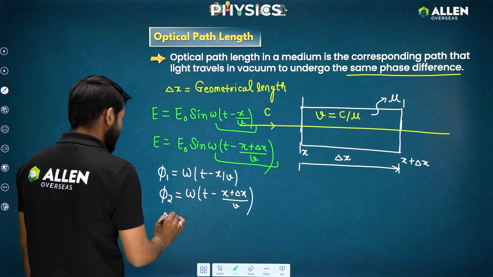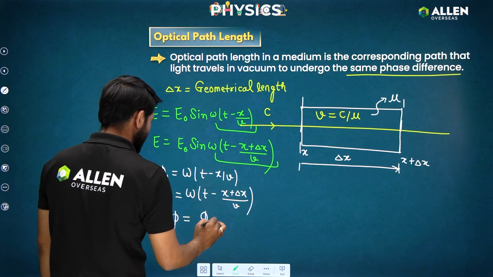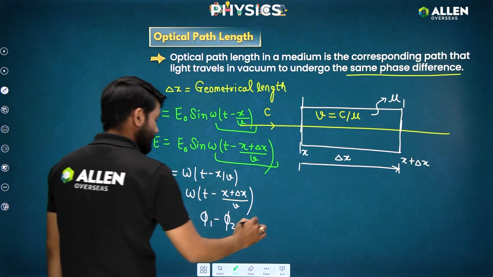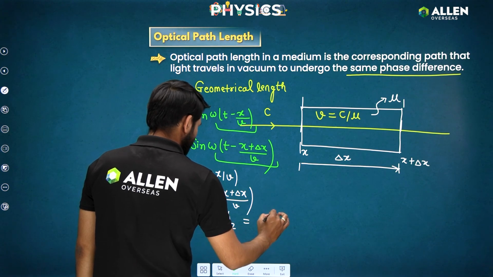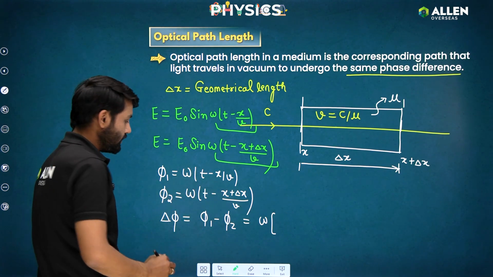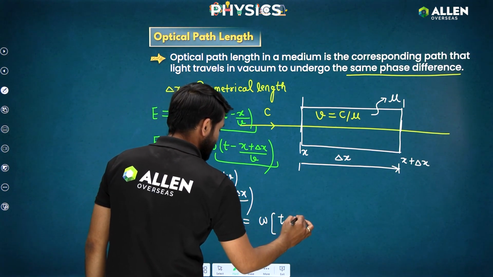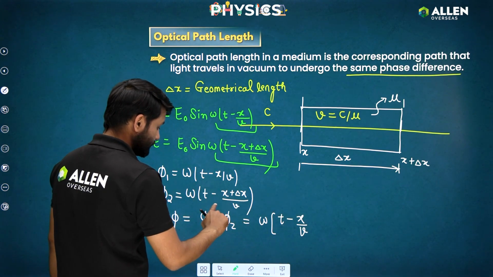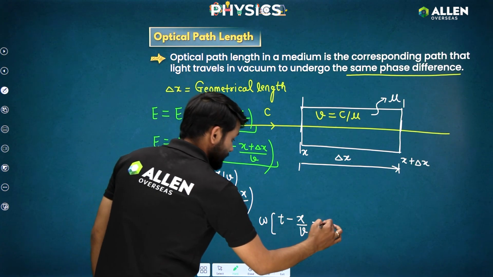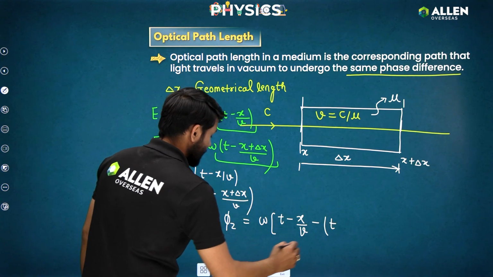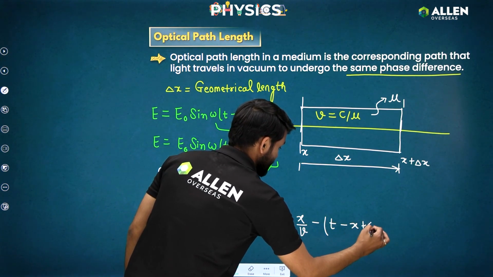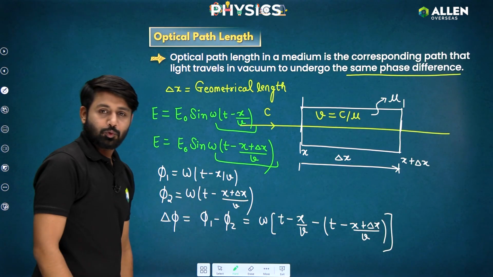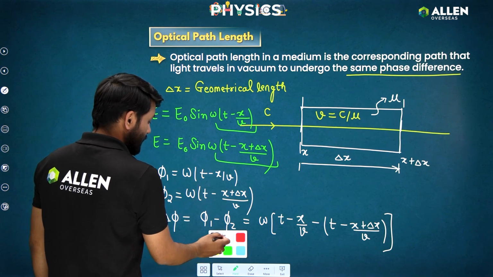If you calculate the phase difference, it's phi 1 minus phi 2, right? So taking omega common, omega times t minus x by v, minus t minus x plus delta x divided by v. Is that clear students?